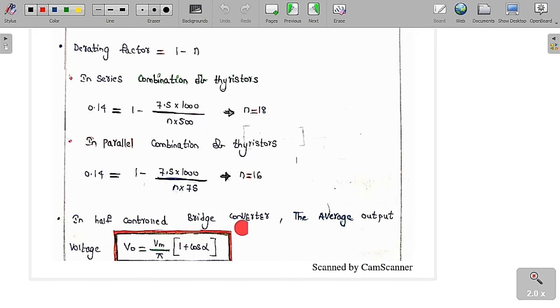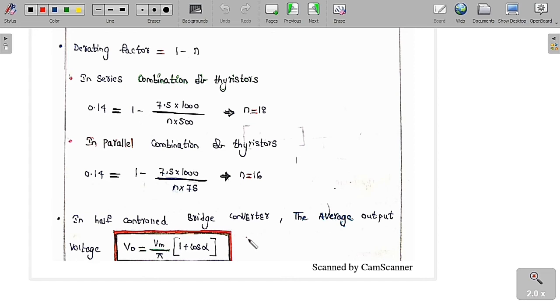In half control bridge converter, the average output voltage is equal to... Half control means it is a semi-control. So half control bridge converter means we are going to get a semi-control bridge. Bridge means we are going to get a full wave; we can't get a half wave with a bridge.